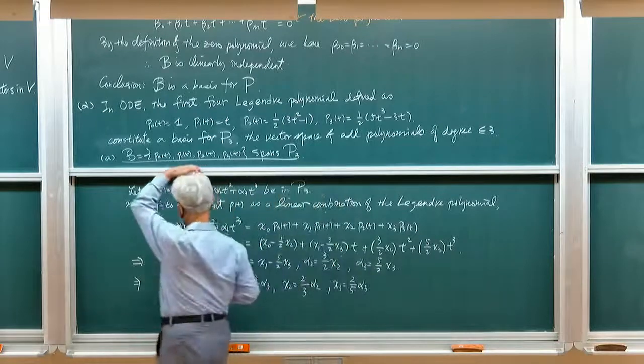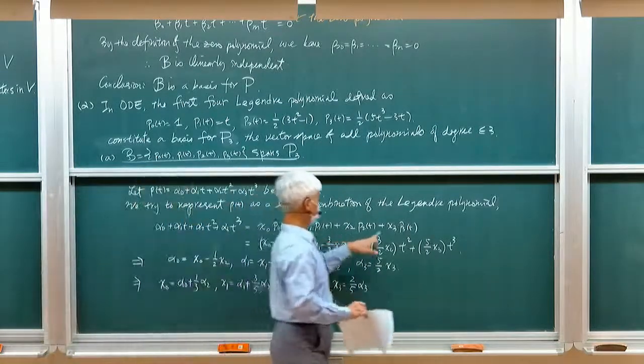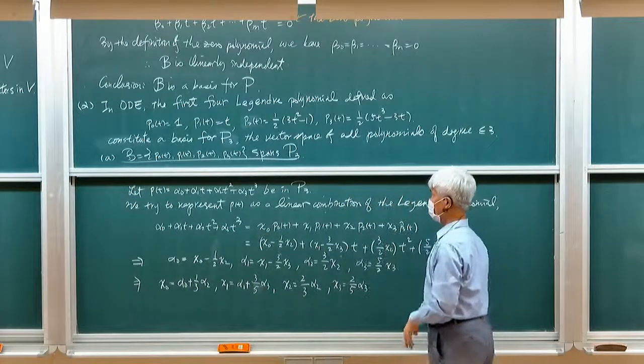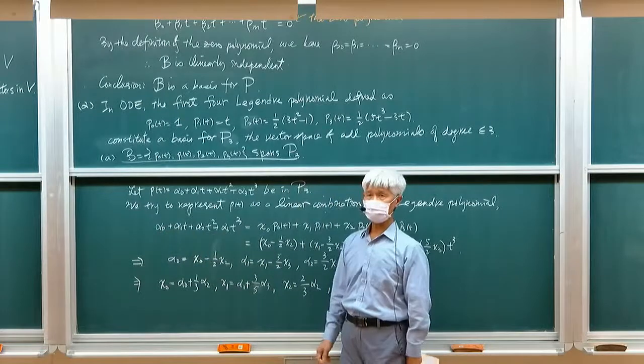Okay, so we are able to find the unknown coefficients in terms of the known polynomials P_t here.